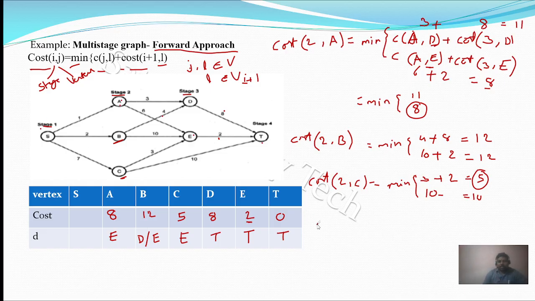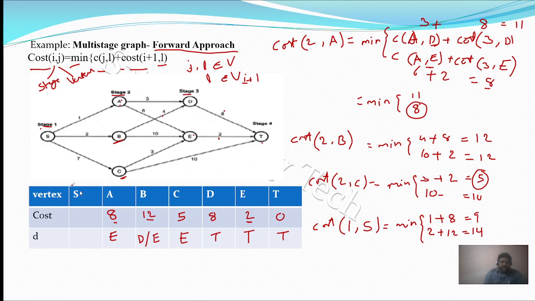Now stage 1, the cost of stage number 1 and vertex S, is equal to the minimum of: S to A, that is 1, plus in A the cost is 8, 1 plus 8 is 9. You can see S to B the cost is 2, plus here B it is 12, so 2 plus 12 is 14.